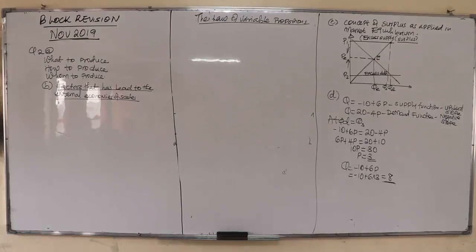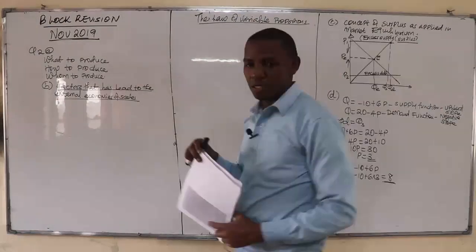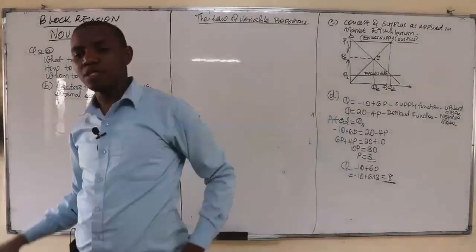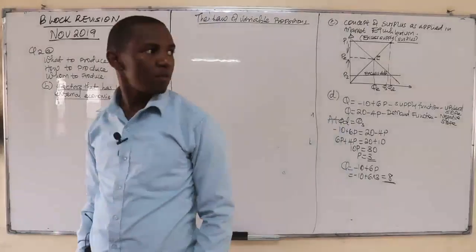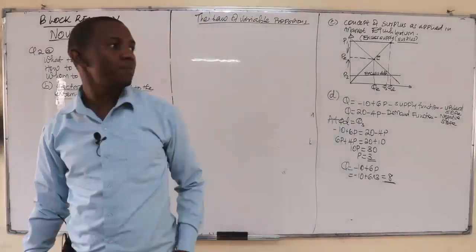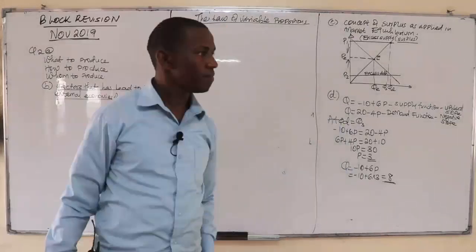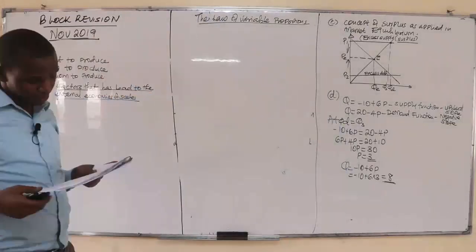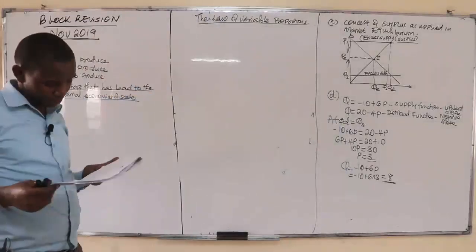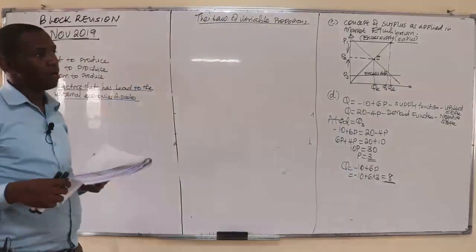It assumes that the quantity of capital equipment is given. We continue. Assumptions, that is question number 2C.